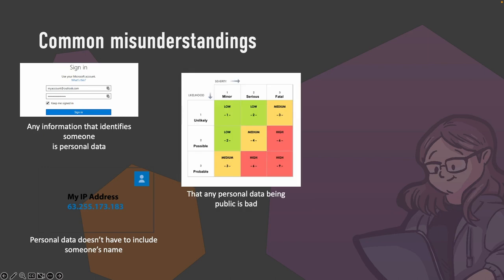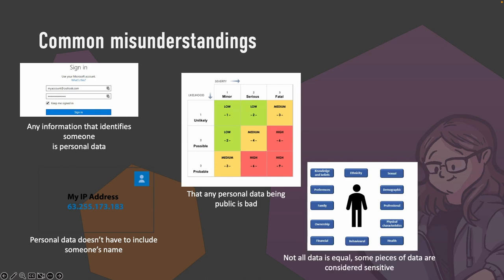Any information being public isn't necessarily bad. There is this understanding of risk. So a lot of people will think about things like email disclosure. Email disclosure is a fairly low risk type of information disclosure that may be considered personal data, yes, but it's not subject to the same regulations as something like special category data.